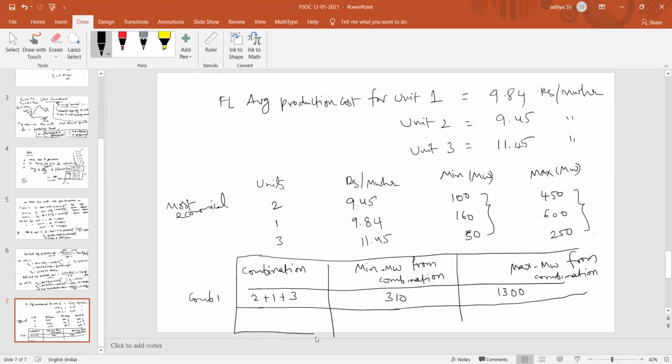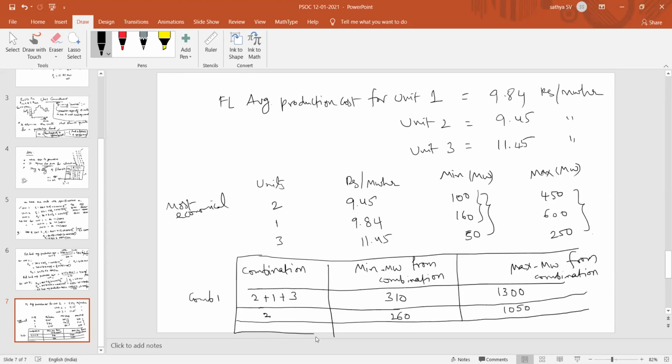And combination 2 is where you need to reduce the minimum, that is 100 plus 160. You can take unit 1 and 2. Then your minimum is 260 and maximum will be 1050, that is 600 plus 450, during this load. So what combination can we select? Only 2 units, unit 2 and 1. Which unit out of 1 and 2 do we turn on first?